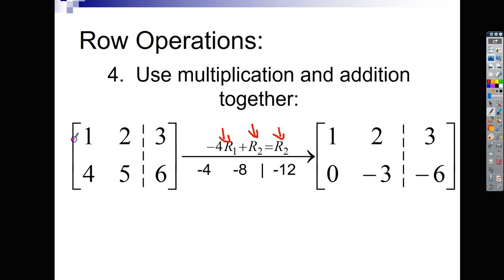So 1 times -4 is -4 plus 4, that gives us 0. 2 times -4 is -8 plus 5, and that gives us -3. -4 times 3 is -12 plus 6 is -6. We left it in row 2. Notice row 1 did not change. But this is what these little symbols mean. Kind of think of them as variables, but they're actually entire rows.